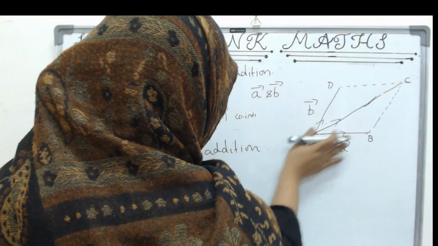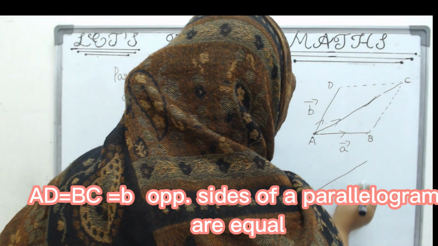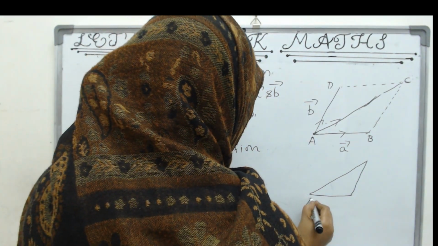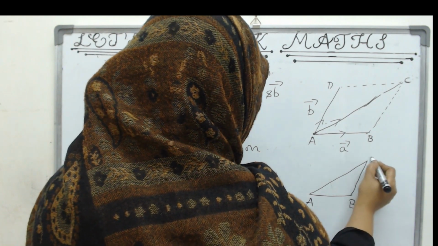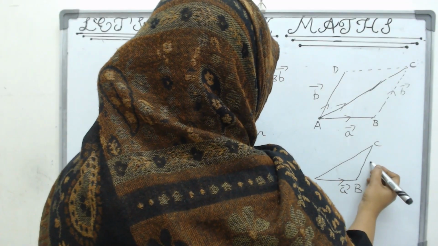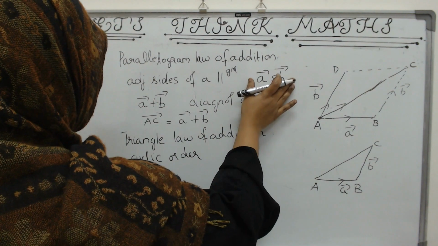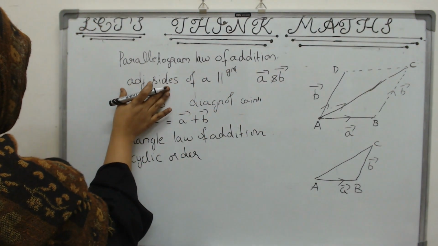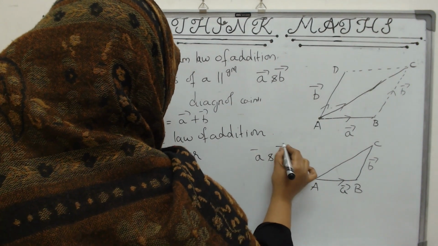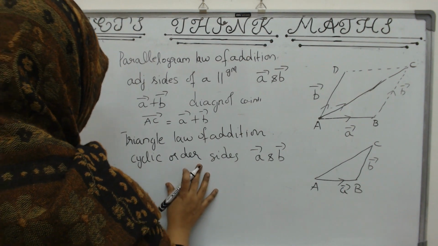I will just recreate this one part here: A, B and C. A we know to be represented by the same thing. Do you see the difference here? Here the two vectors were two adjacent sides of a parallelogram. Here the two vectors are the two sides of a triangle taken in the cyclic order.